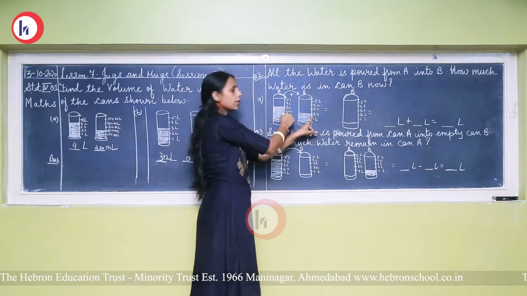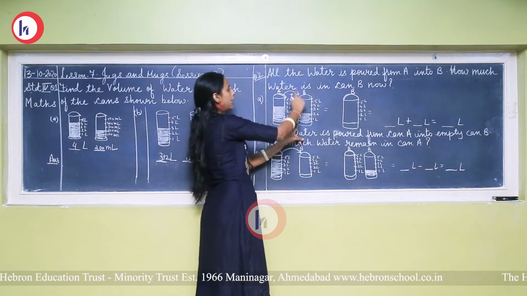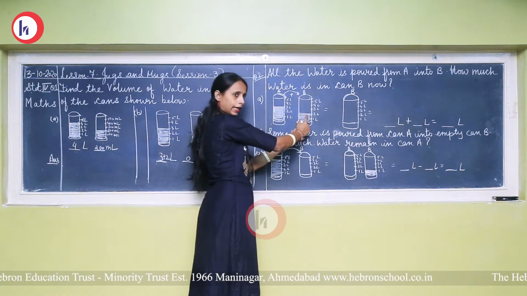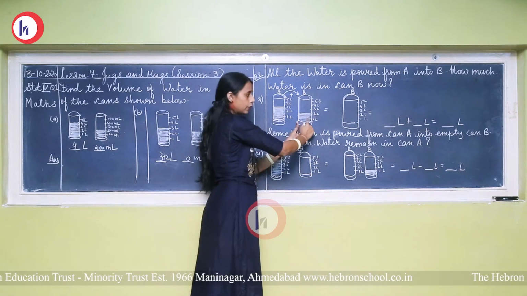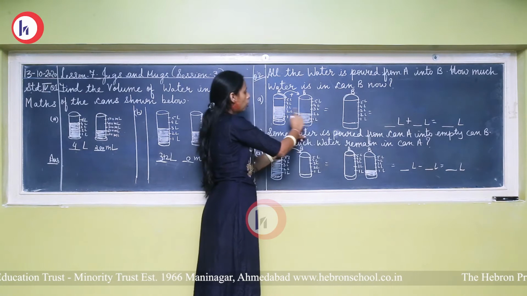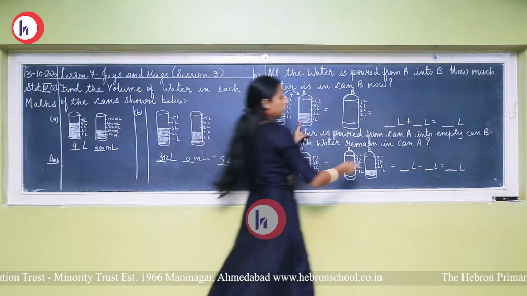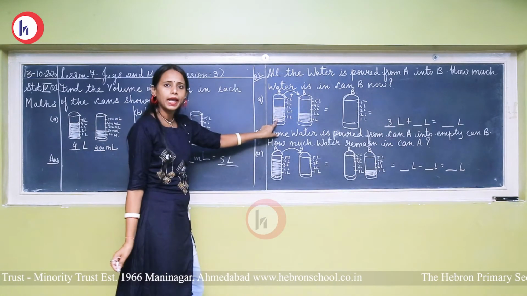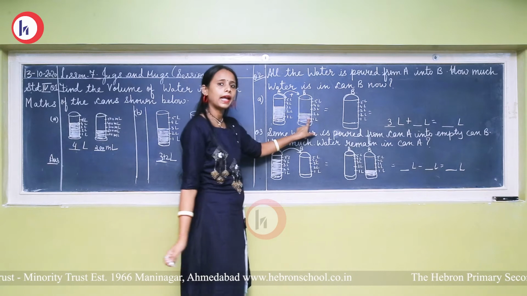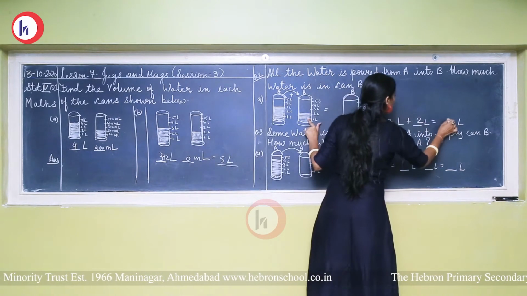So 2 plus 3. इसमें already 2 liter है, और जब हम A में से 3 liter water इसमें डाल देंगे पूरा, see all the water, पूरा का पूरा वाटर इसमें डालेंगे तो 2 लीटर तो है ही, और 3 लीटर will be added. So 2 plus 3, 3 plus 2 it is 5 liter.